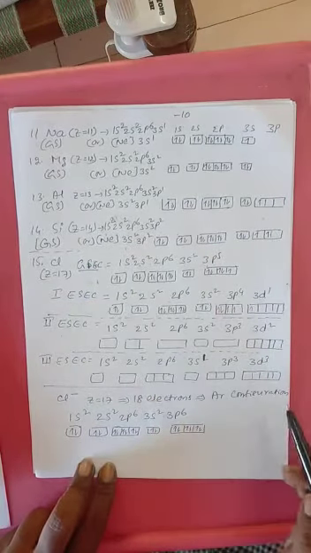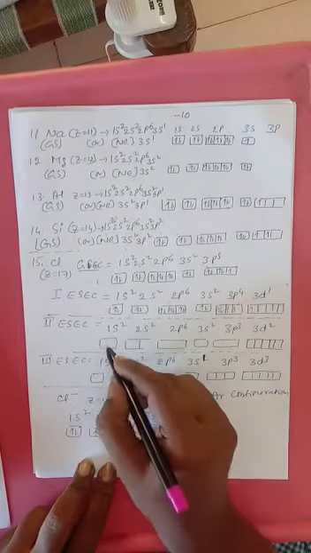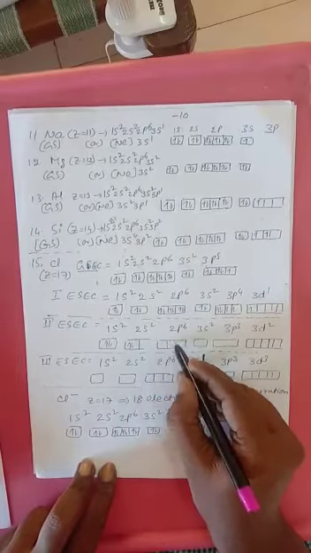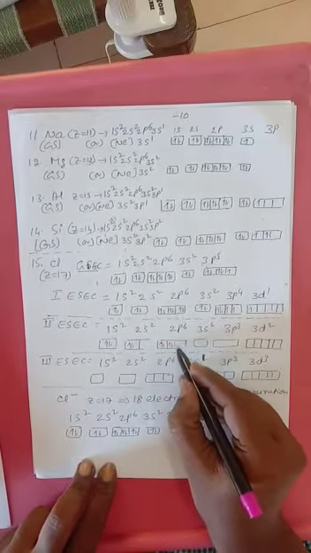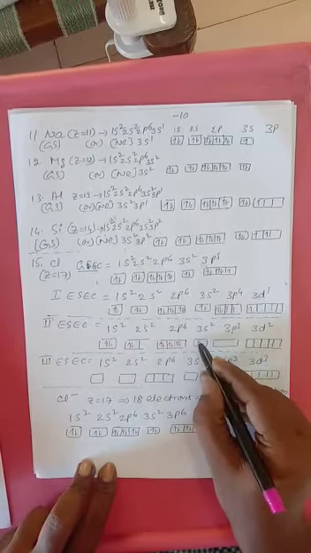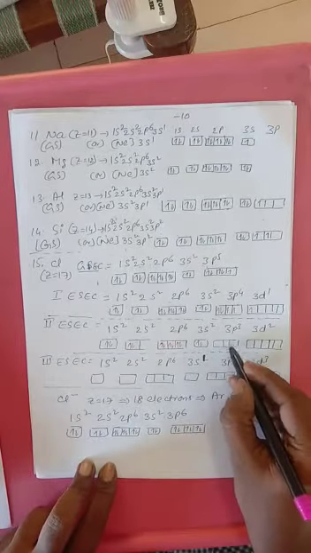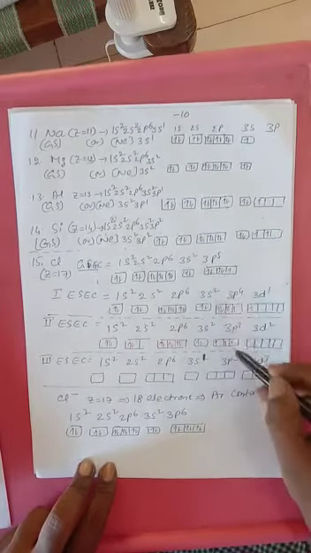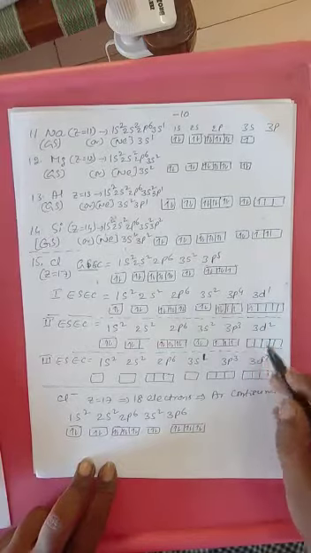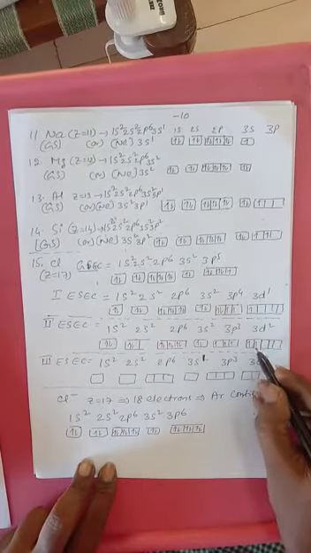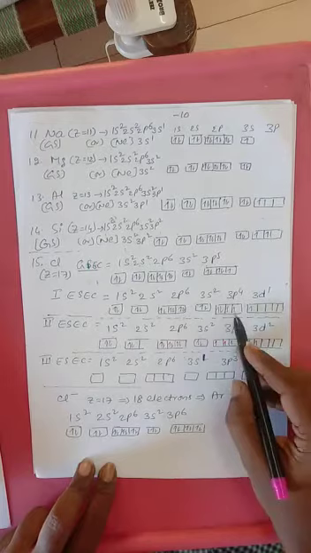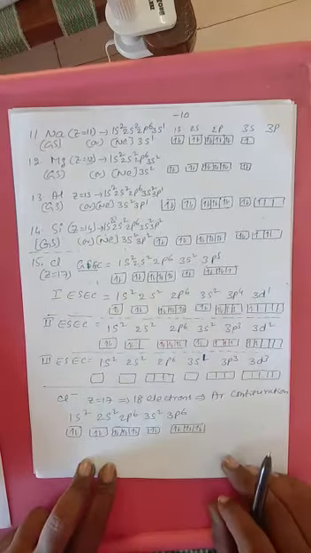Now let us come to the second excited state: 1s2 2s2 2p6, no problem in the inner shells, 3s2. Here I have written 3p3. What is the meaning? Ground state is 3p5, here I have written 3p3, so 2 electrons jumped to the higher orbitals from 3p to 3d. If 2 electrons are excited, that is called the second excited state. If 1 electron is excited, that is called the first excited state.